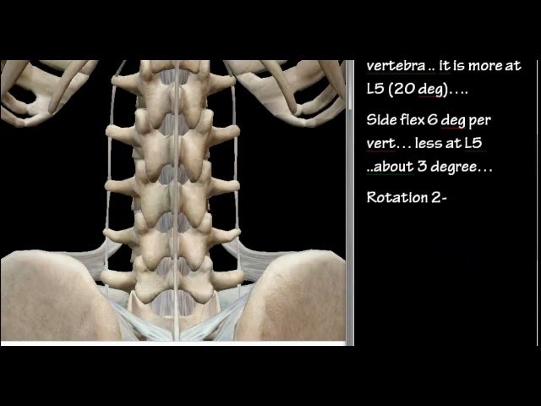Rotation is about 2 to 4 degree, which is more at L5 vertebra, which is about 6 degrees.